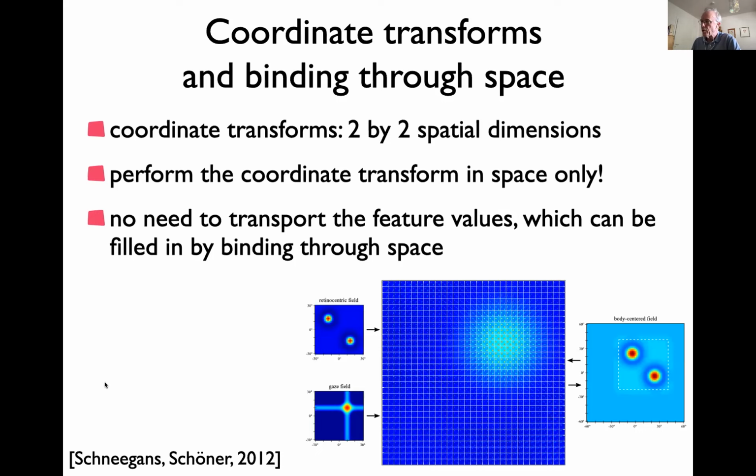Good. So if you think about the dimensionality, and combine that insight that we have these separate fields with a coordinate transform, then you recognize perhaps that this binding through space really alleviates the problem of the coordinate transform.